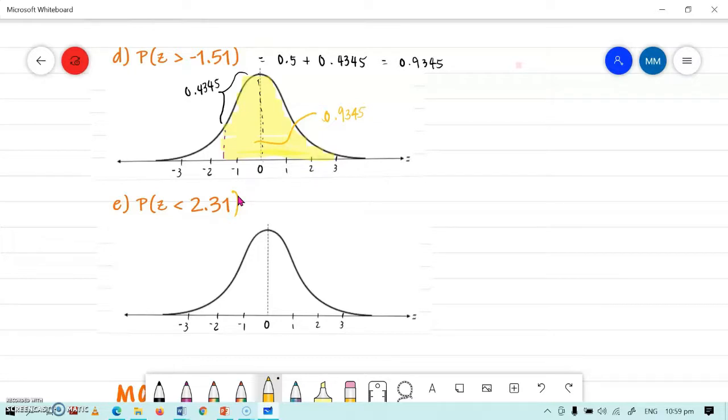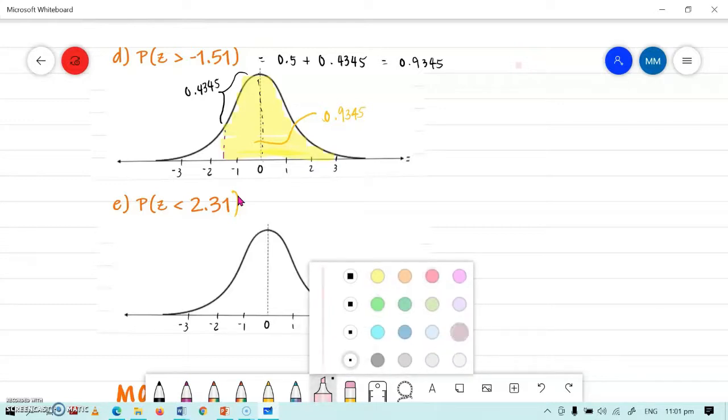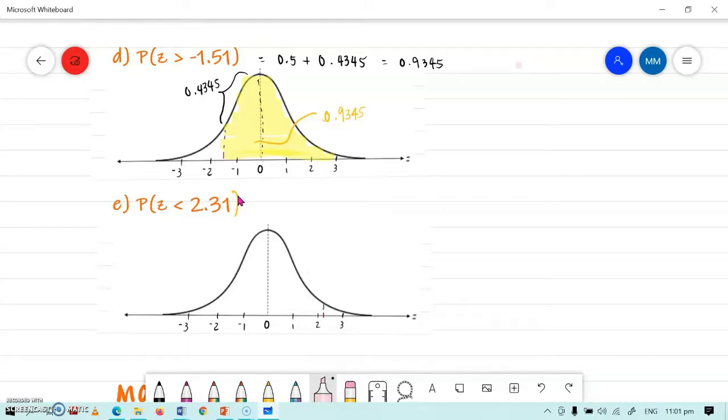Let's locate where 2.31 is in our curve. 2.31 is somewhere here. Since it's less than 2.31, we have to shade the entire region to the left of 2.31.